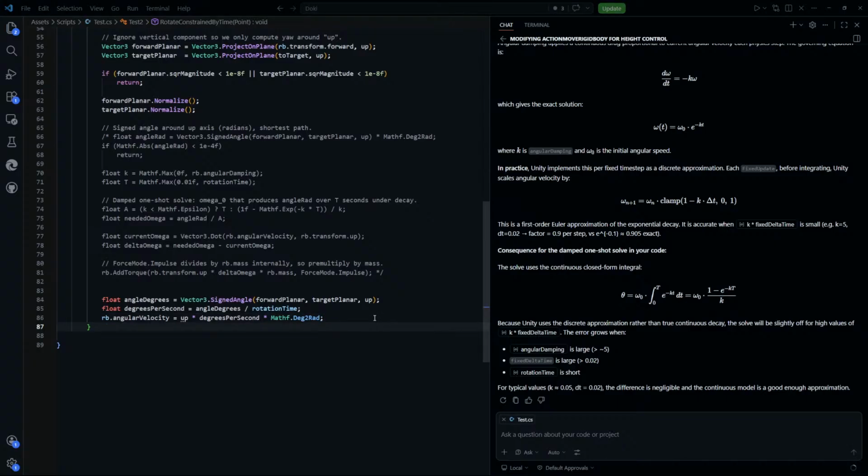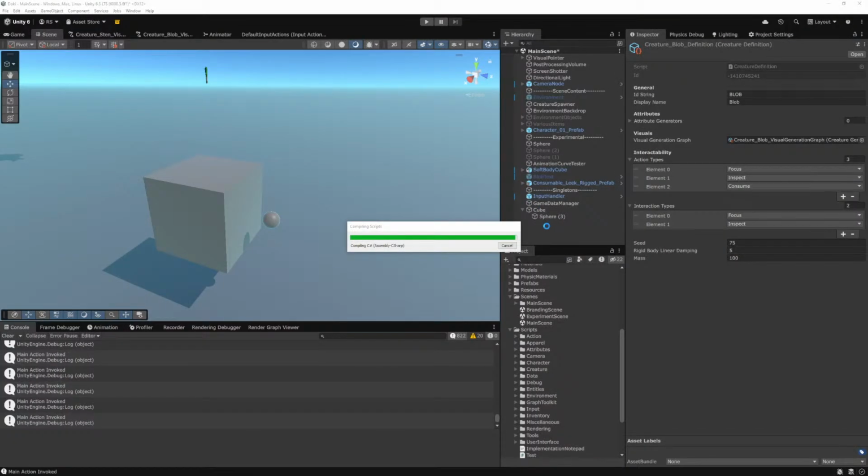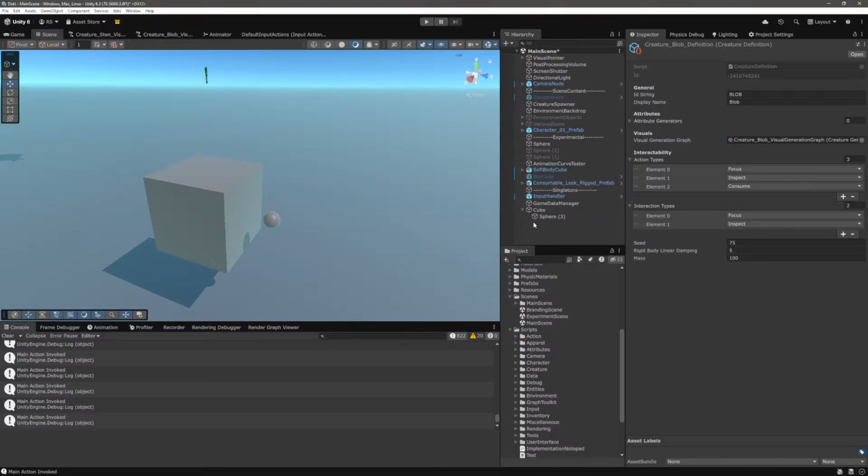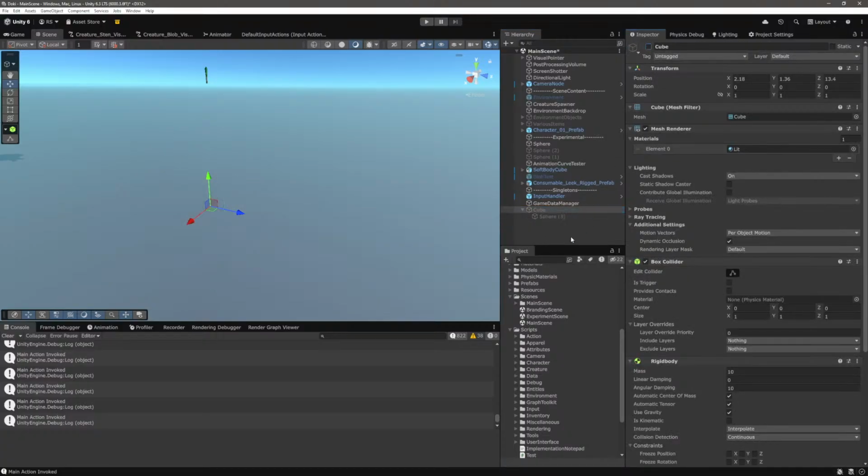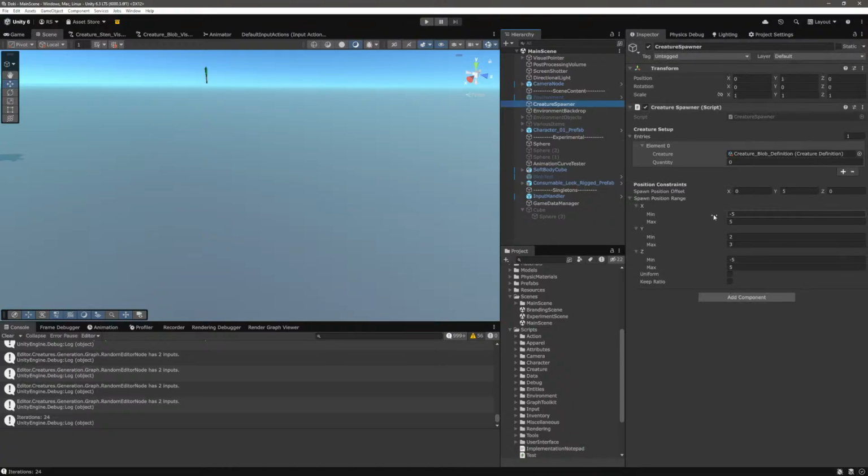Which makes me wonder if... Let's jump back here 1 second. Disable this one real quick and go to creature spawner. Let's spawn one blob.